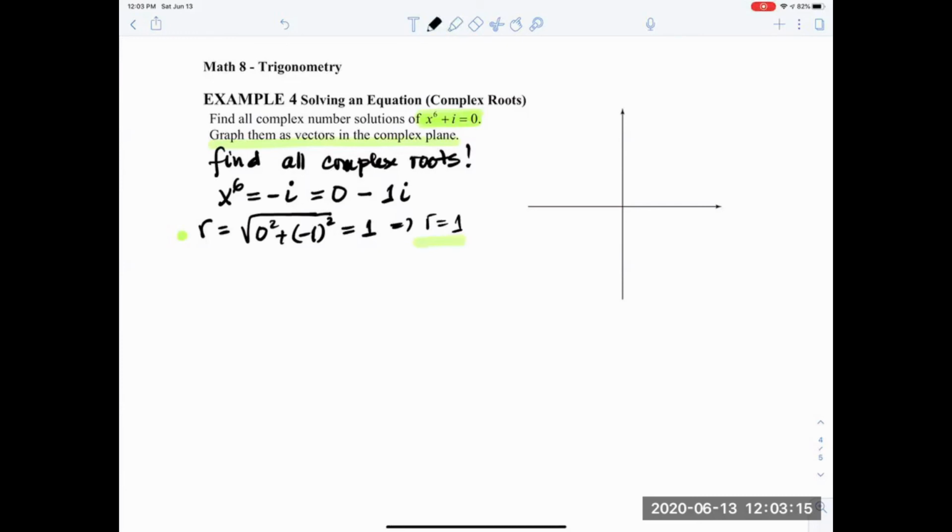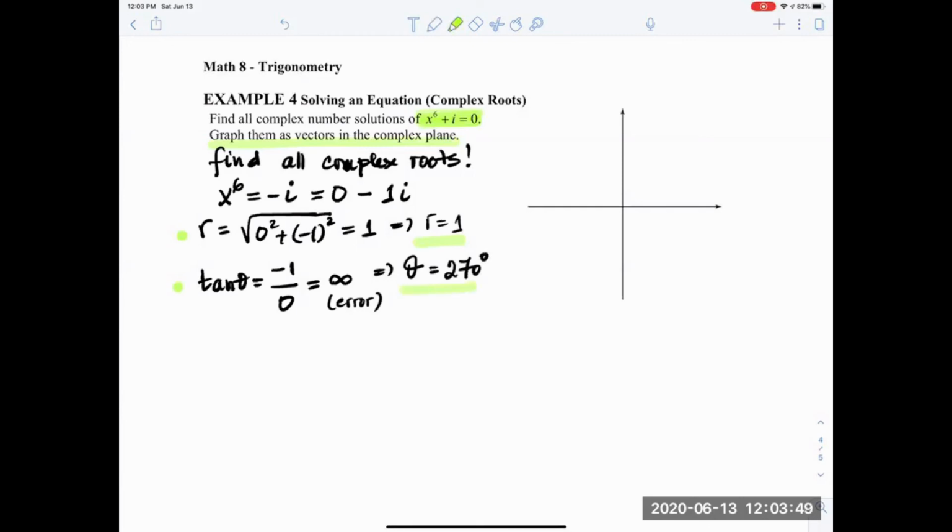Now we are to find theta, which you go by tangent of theta, the y component over the x component. In our case, negative 1 over 0. So this is an error, that's infinite. Your calculator will show you an error. That's where you have an asymptote. If you look at your unit circle, theta must be 270 degrees.